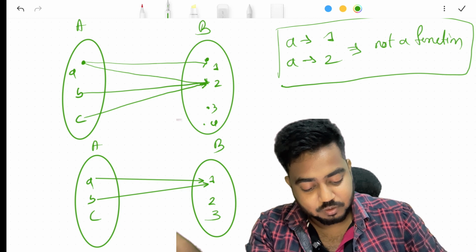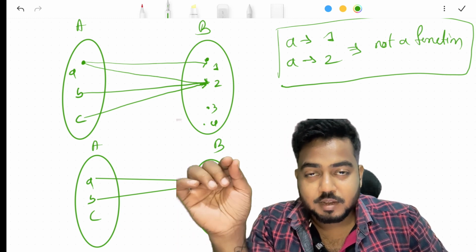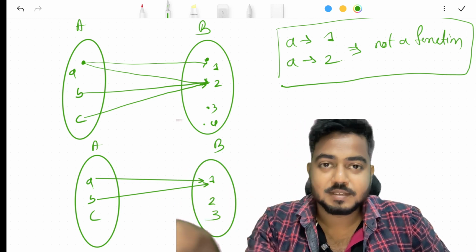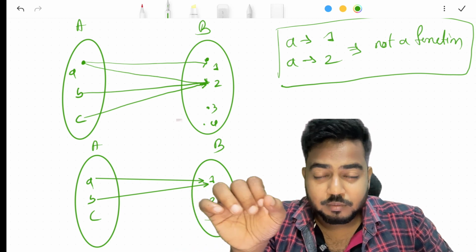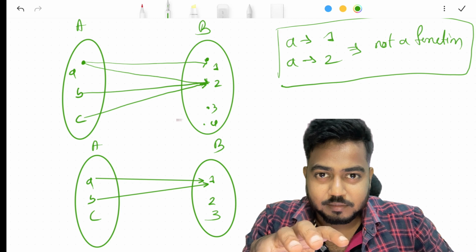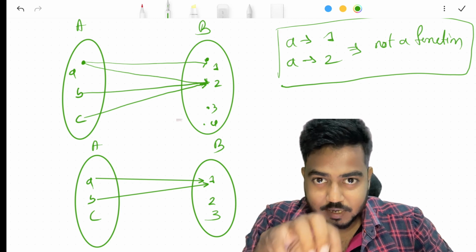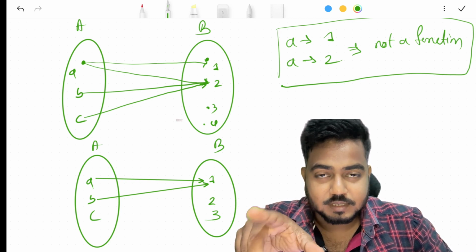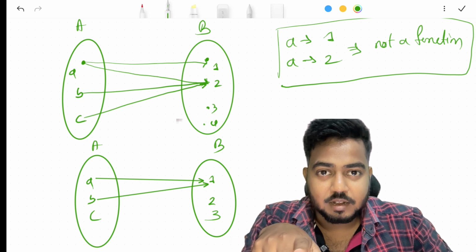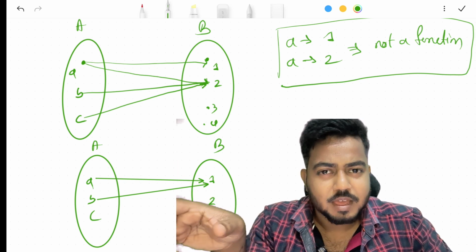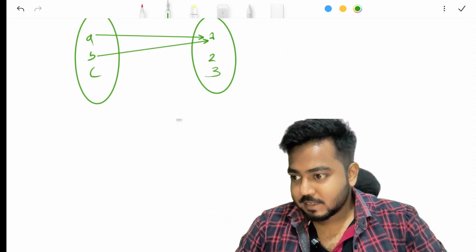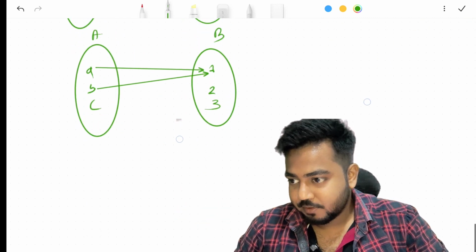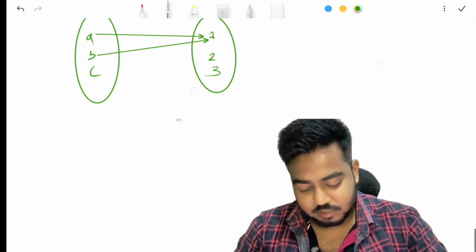Pre-image means, corresponding to an element in B, what is the element in A. The pre-image is a subset of the domain, and it may have multiple elements. This is the first function.